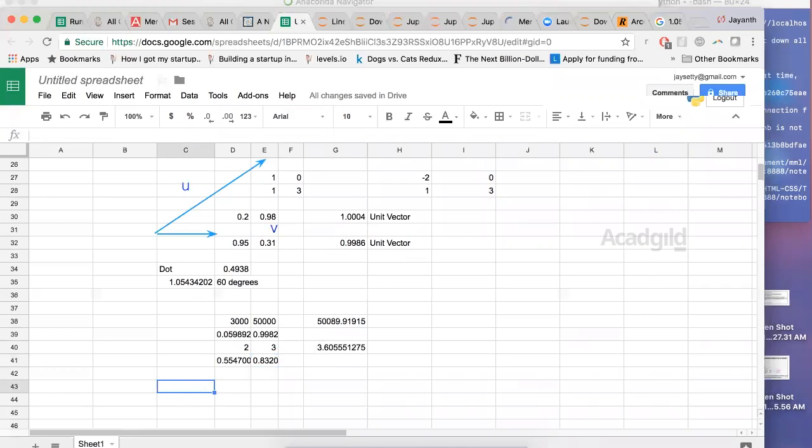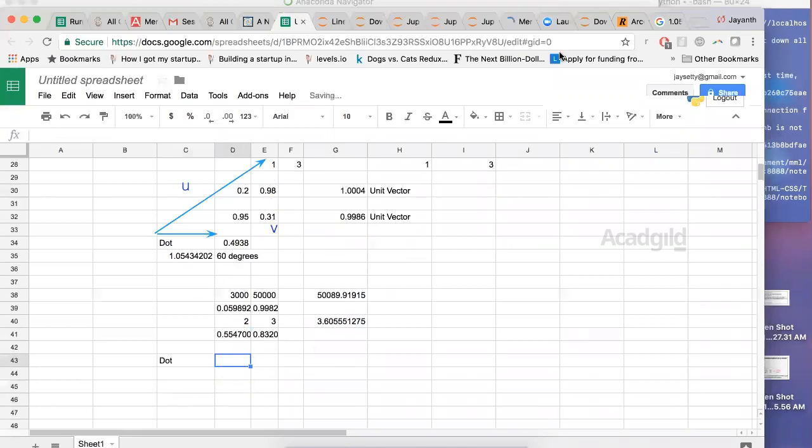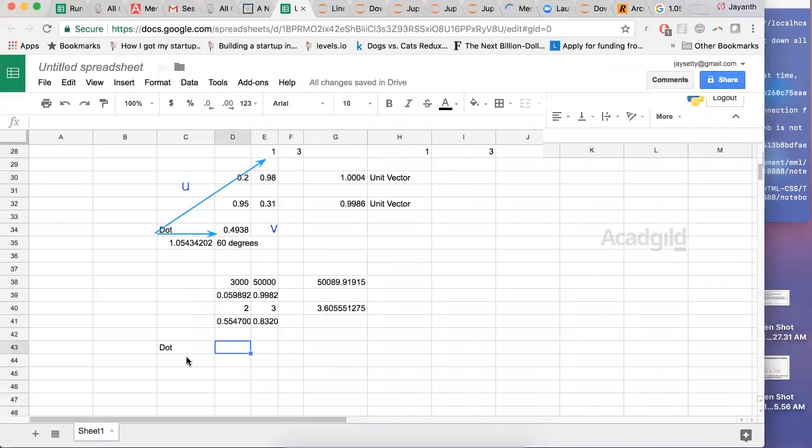Let me go ahead and calculate the dot product. I'm going to multiply the first coordinate of the first with the first coordinate of the second, plus the second coordinate of the first into the second coordinate of the second. That gives 0.8637.